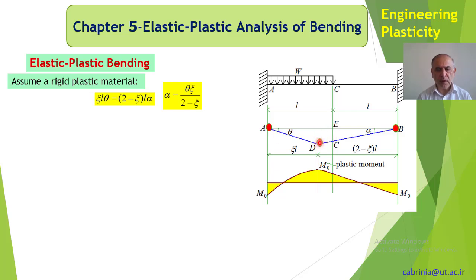Similarly, (2 minus xi) L is that distance in that triangle here, and times alpha is equal to that distance. So this distance is common to both triangles, and therefore we can equate these two together, and from here we get alpha in terms of theta. Obviously xi is not known yet.